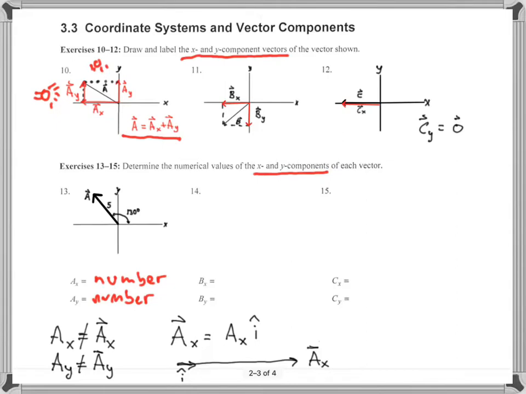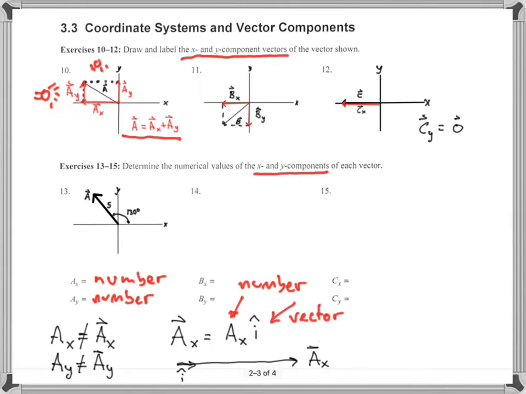So the ax component vector is a number multiplied by i hat. The number is what we call the x component. So that is the number that we're looking for in problems 13, 14, and 15: how much is that number that when multiplied by i hat gives us the x component vector of a.